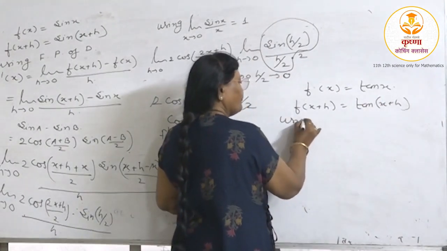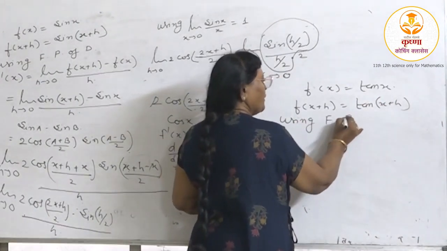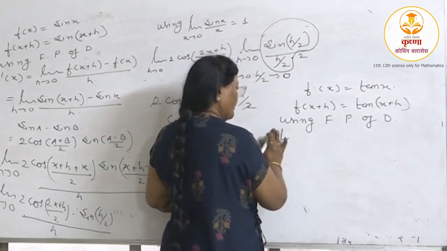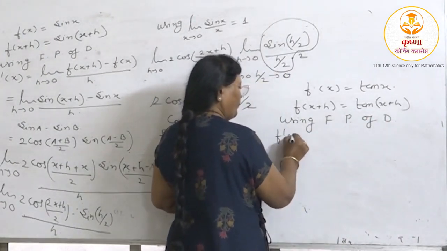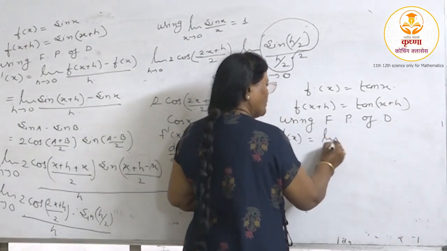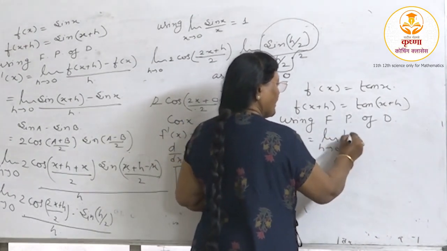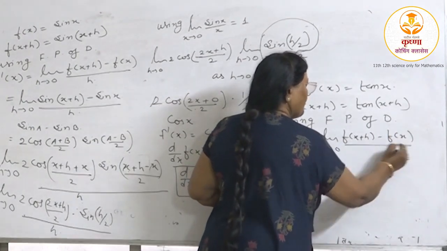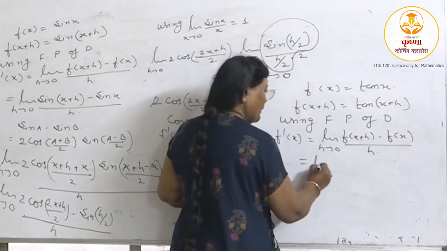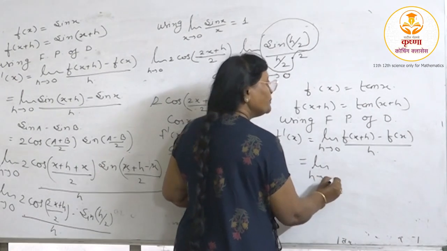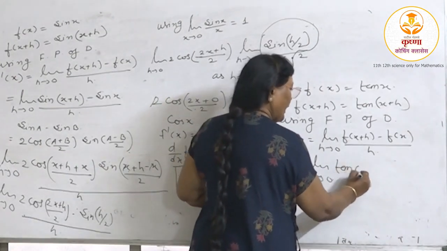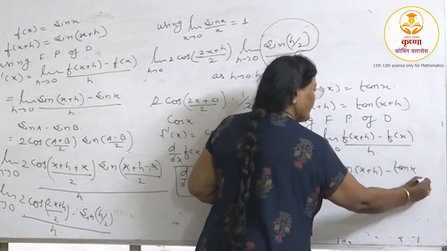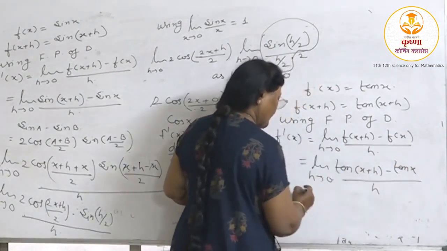Using the first principle of derivative, limit h tends to 0, f of x plus h minus f of x divided by h. Here, limit h tends to 0, tan of x plus h minus tan x divided by h, right?